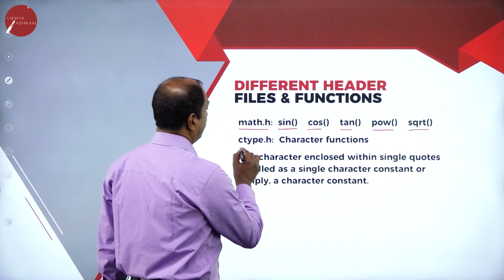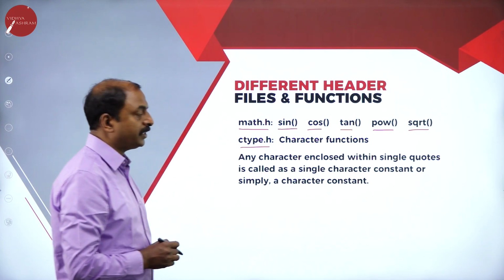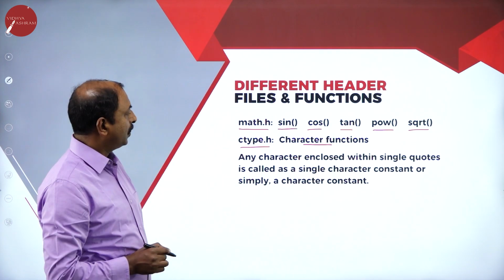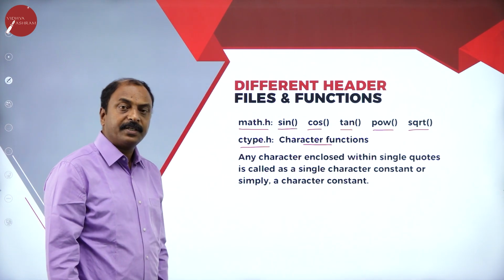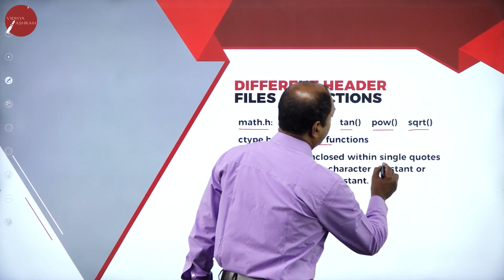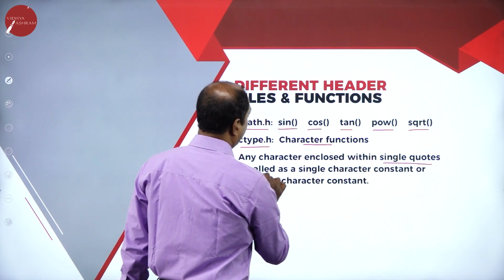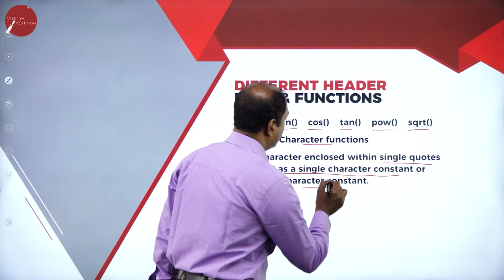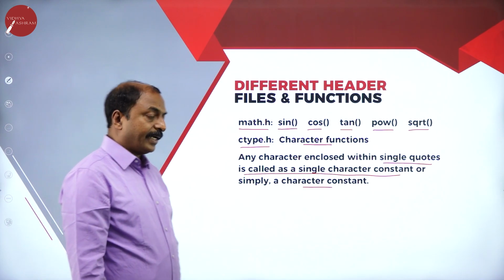Next one is ctype.h. ctype.h is a header file to work with character functions. Now, what is a character constant?